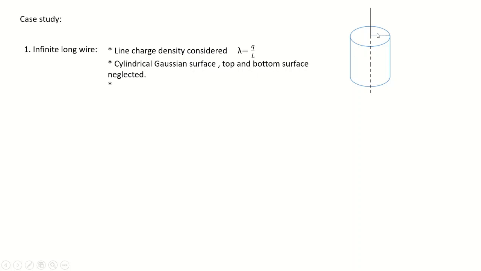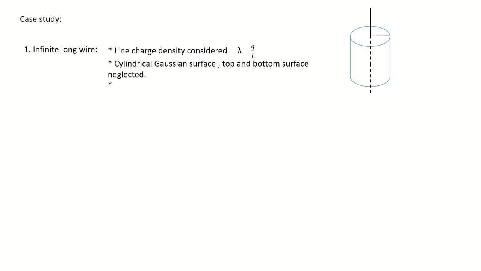Why neglected? Because the direction of the electric field, which is already outward, and the direction of these planes are perpendicular. Hence, they will not come into consideration for the calculation of electric flux.